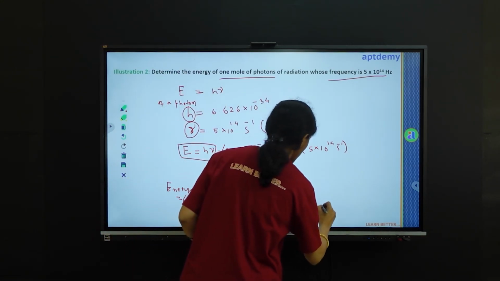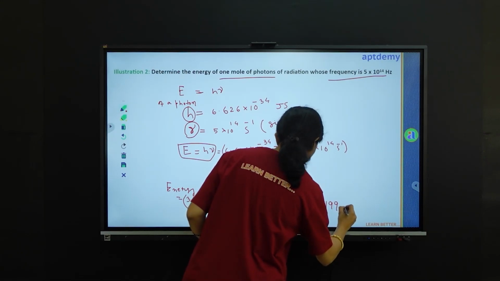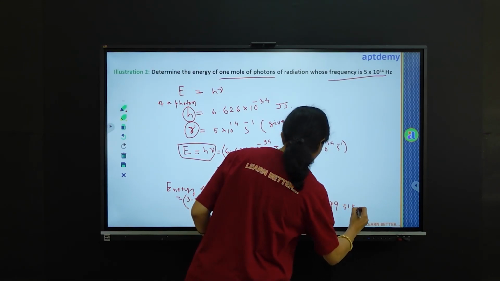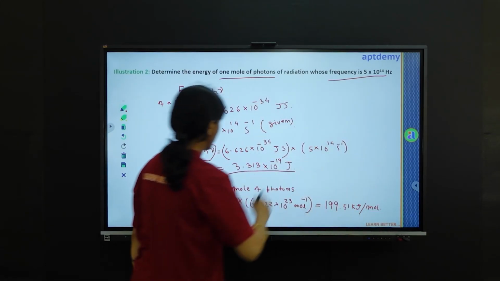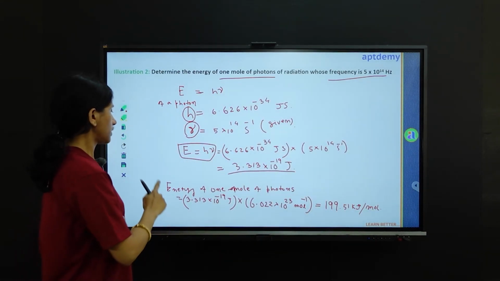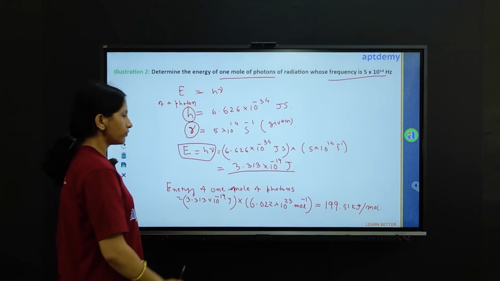And after solving, we will get 199.51 kilojoule per mole. So this is the energy for 1 mole of photons.